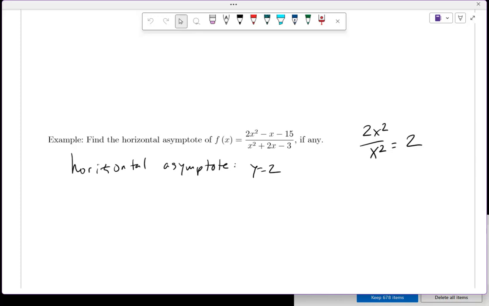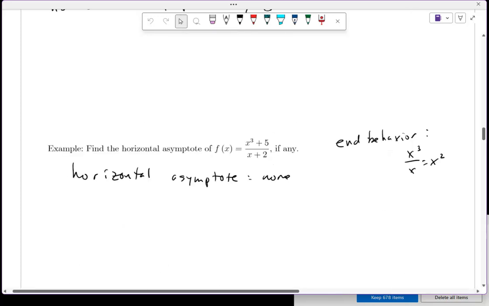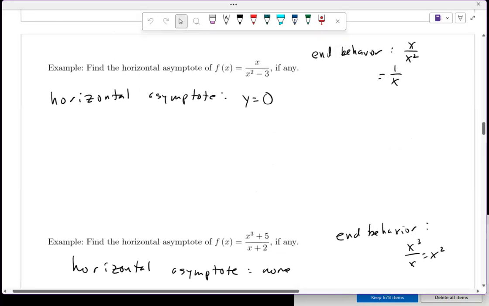So just to remind, when we had something where the degree on the top was less than the degree on the bottom, we ended up with an end behavior where we still had x's in the denominator. So as x gets really, really big, the fraction gets really, really small, and we had a horizontal asymptote of 0 for that case.